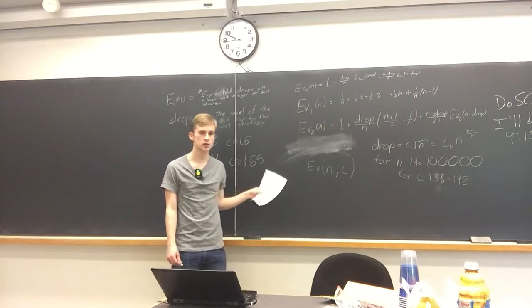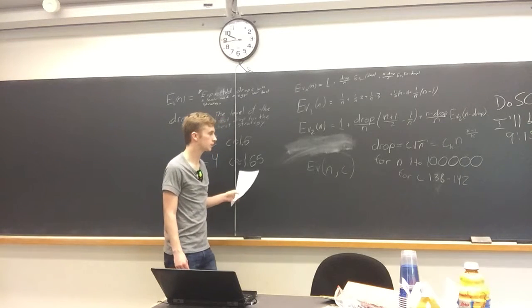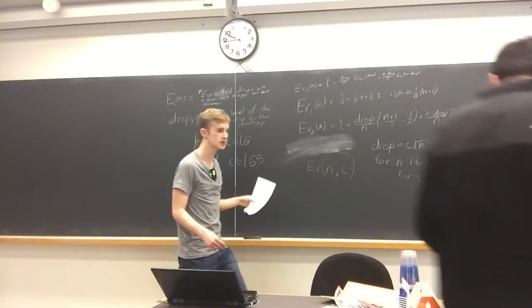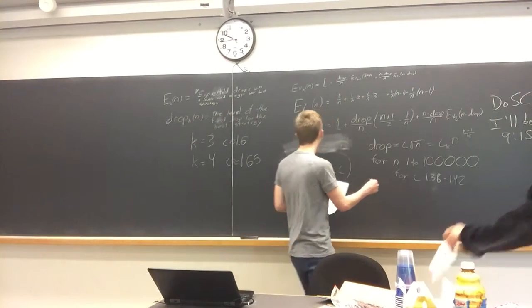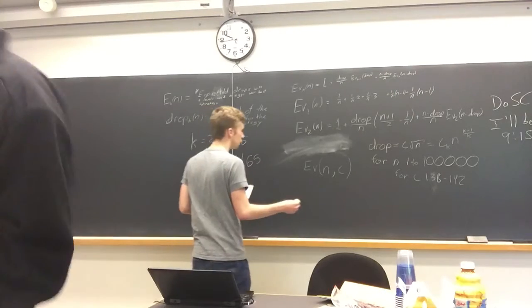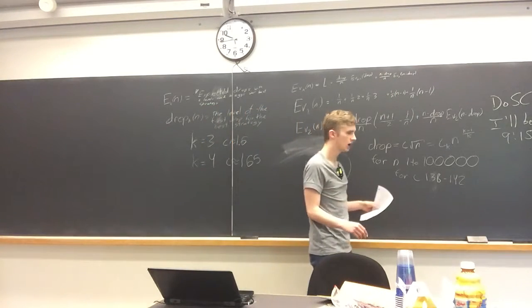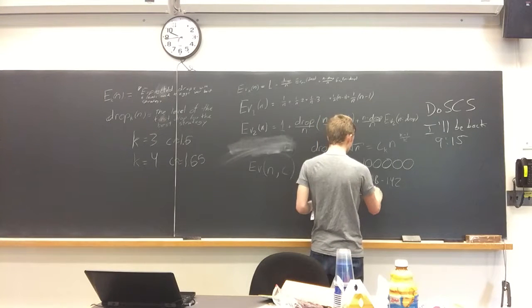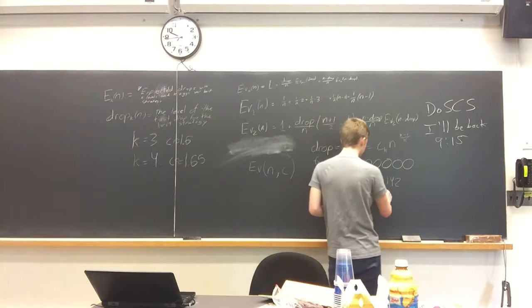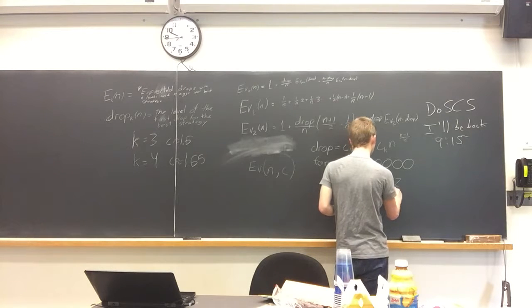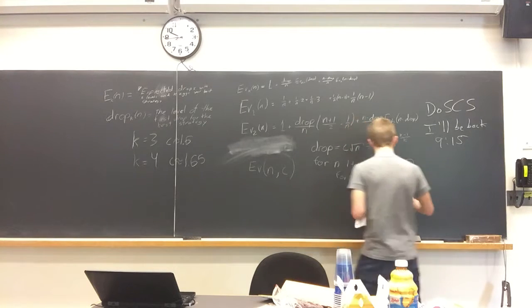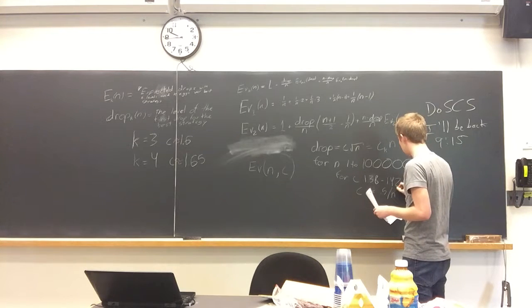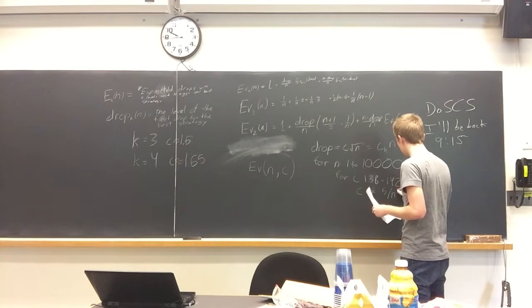One thing that made it increasingly more difficult was I had C go up by like 0.5 divided by n to the relevant power, so n to the (k minus 1) over k.